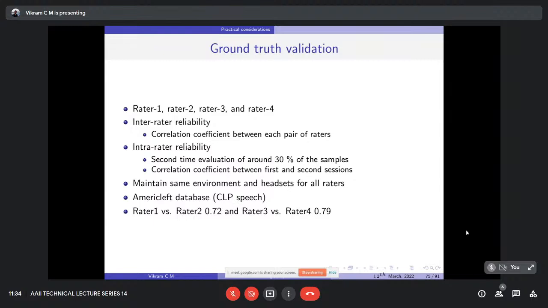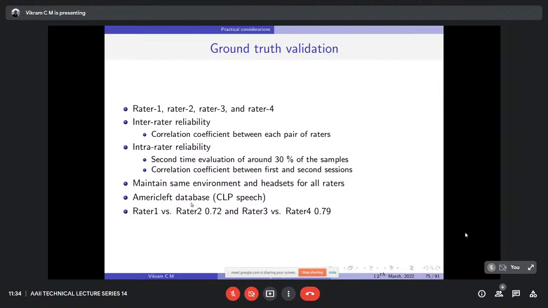To evaluate this, about 30% of the first-time speech samples are given again the second time. Next we calculate the correlation between the first and second sessions. So we can compute this session variability, and we also need to maintain the same environment and the same headset for all raters, because sound quality varies with the headphones and the environment.